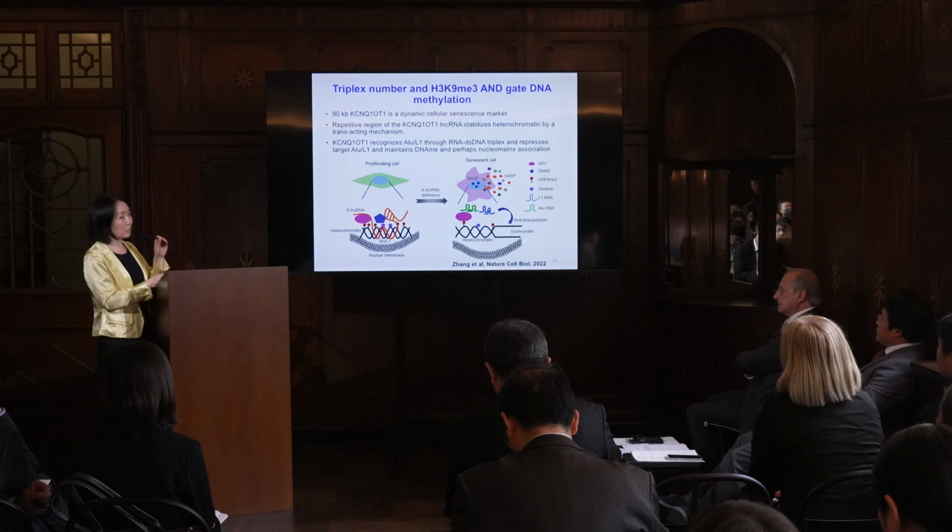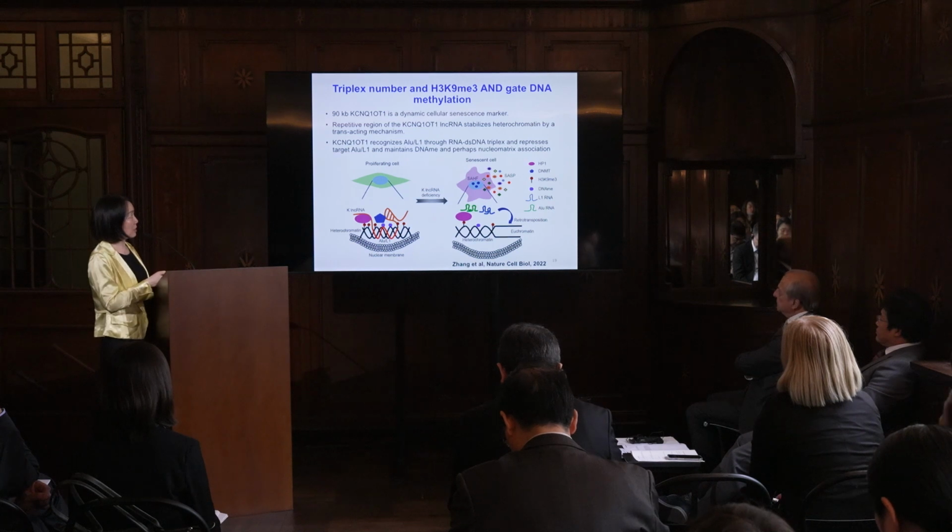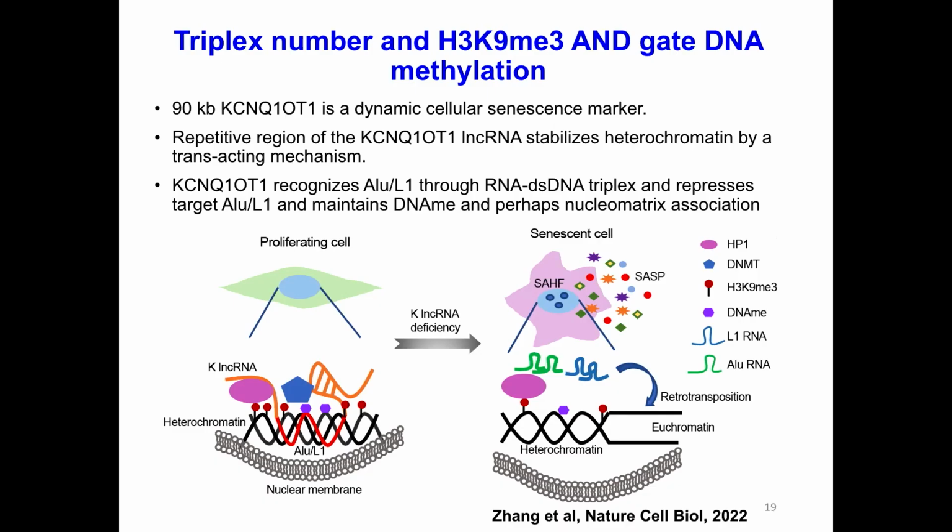Among all these lincRNAs, we also found a very interesting, very long and very abundant lincRNA called KCNQ1OT1. It's 90 kb. What's interesting about it is that it specifically targets transposons, those mobile elements in our body. In fact, our genome is mostly composed of transposons instead of coding genes.